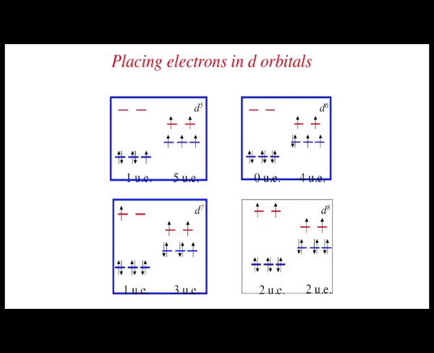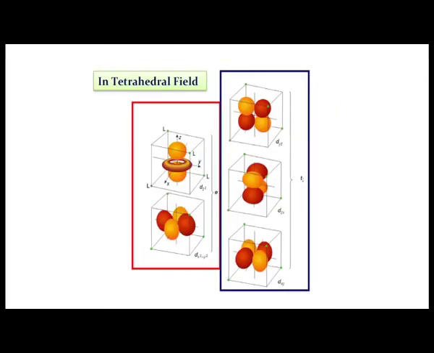So, this is a situation where we cannot have any condition that is a low spin condition or a high spin condition. So, irrespective of the crystal field, we will have two unpaired electrons for the bivalent nickel. These two situations are typically different for D5, D6 and D7, but the D8 system is completely different. We cannot distinguish between the high spin and the low spin complexes.